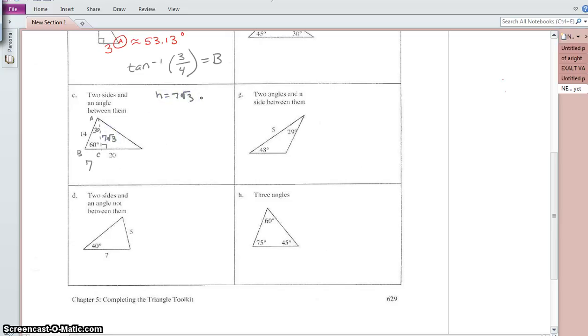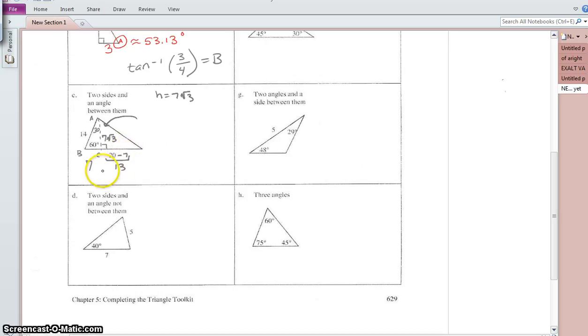And that kind of allows me to move around this triangle. For example, if I knew this angle, I could figure out the last angle. So let's see if we can make it all the way around the triangle.